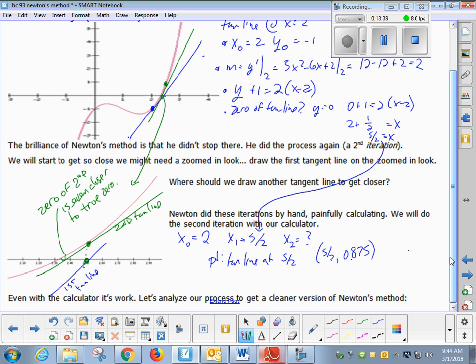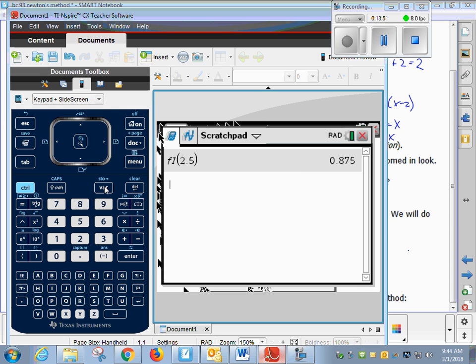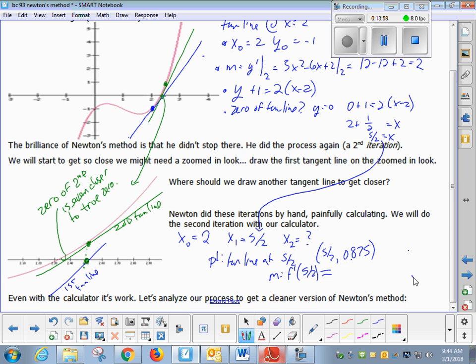Are you with me so far? Would you also find the slope? The slope is f prime at 5 halves. So that would be f prime at 2.5. Did you get 5.75 there?